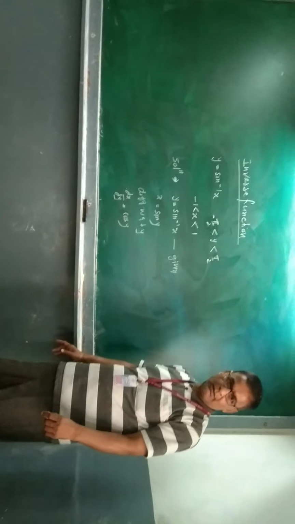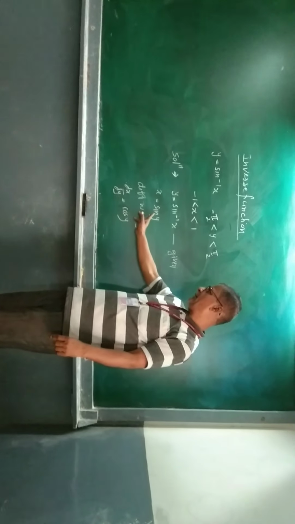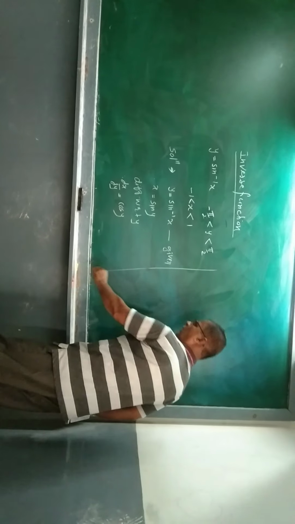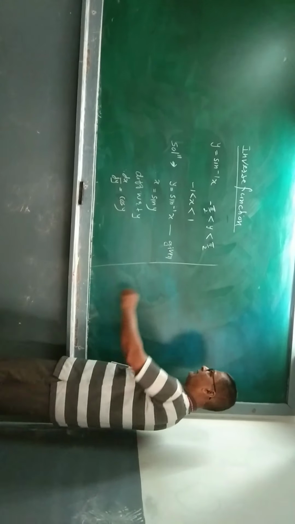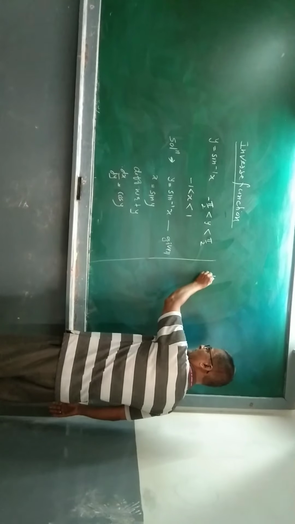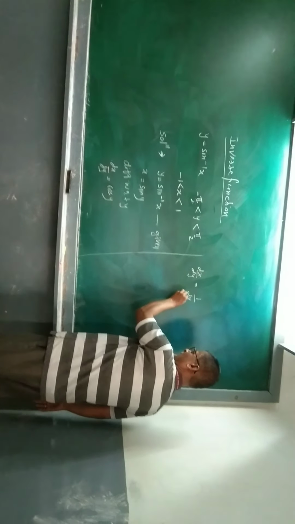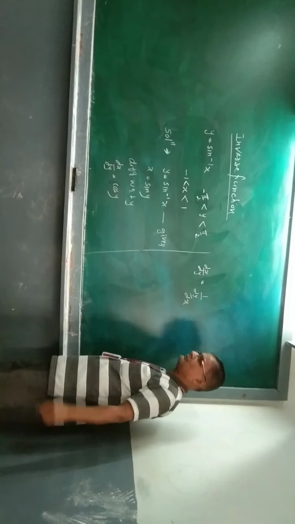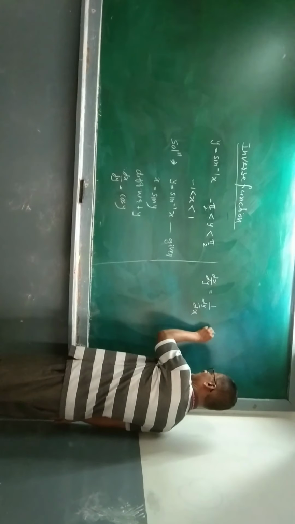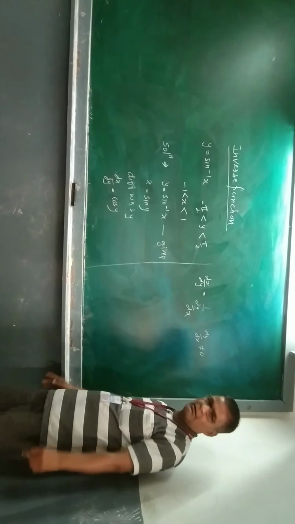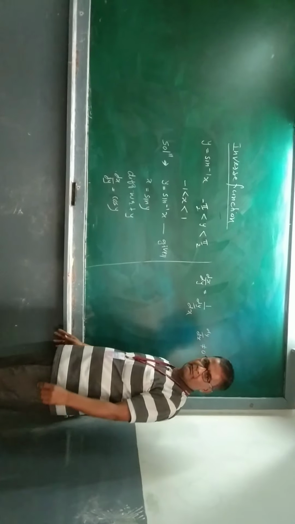Now we have got that the derivative of sin y is equal to cos y. According to the rule of differentiation, we know that dx upon dy is equal to 1 upon dy upon dx, where dy upon dx is not equal to 0. How to find this?